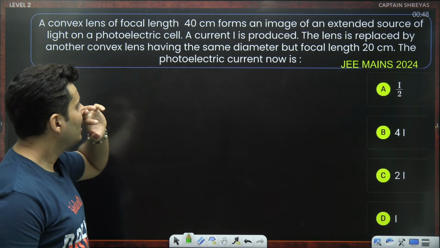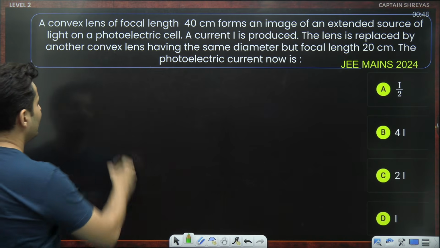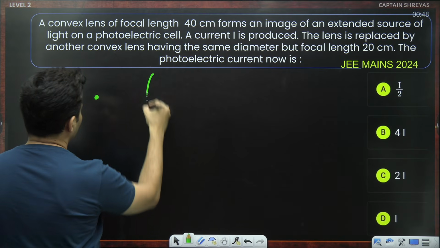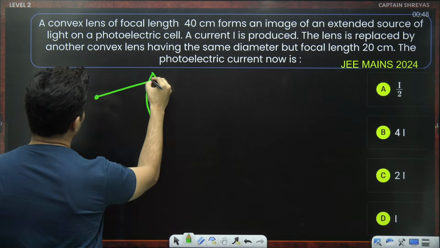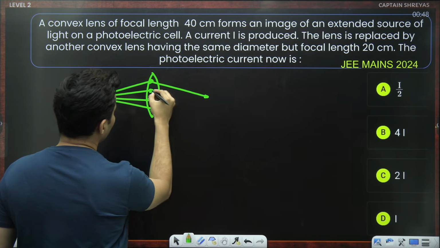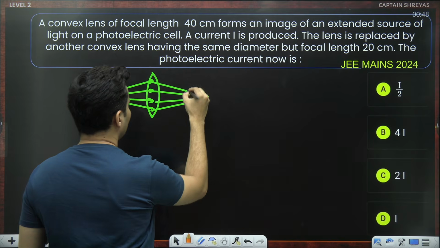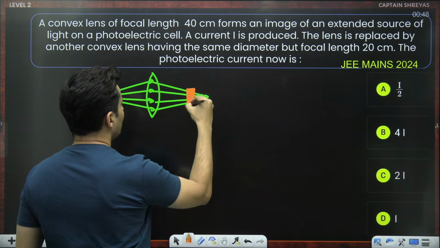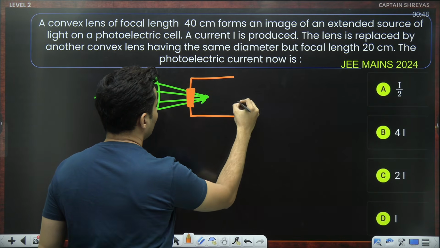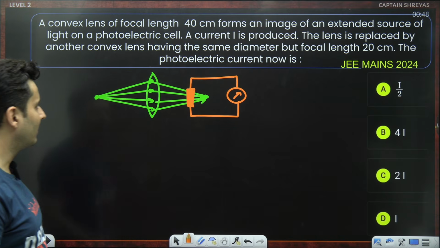Look at this question. I can see photoelectric effect combined with ray optics. So there is a lens and there is a light source. The rays of light will pass through that particular lens, and probably they are meeting somewhere, and somewhere in between you have a plate which gathers all that light, and then there is photoelectric effect, and you are able to measure the current because of the photoelectric effect.